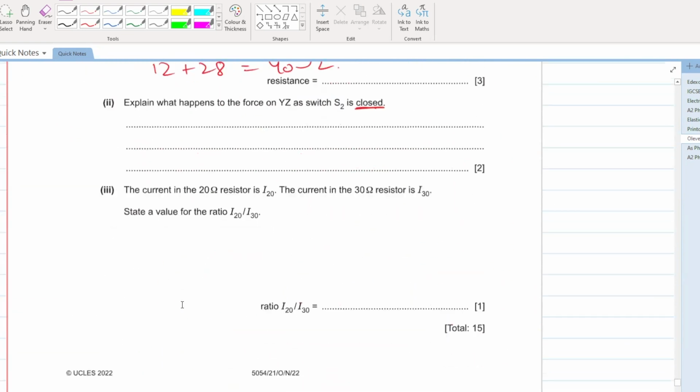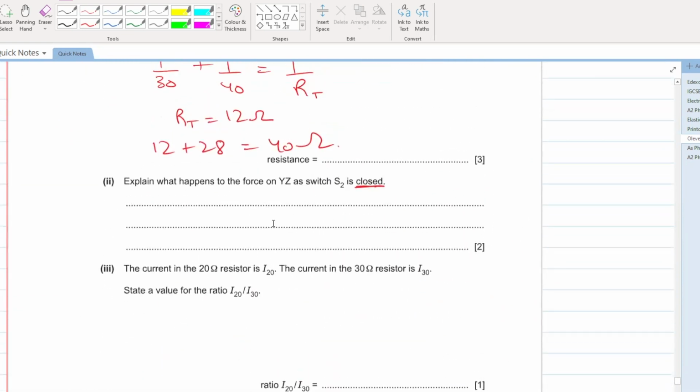Perfect. So as you close the switch, the resistance decreases. As the resistance decreases, current will increase. The force on YZ will increase. You will say as resistance decreases, the current increases.